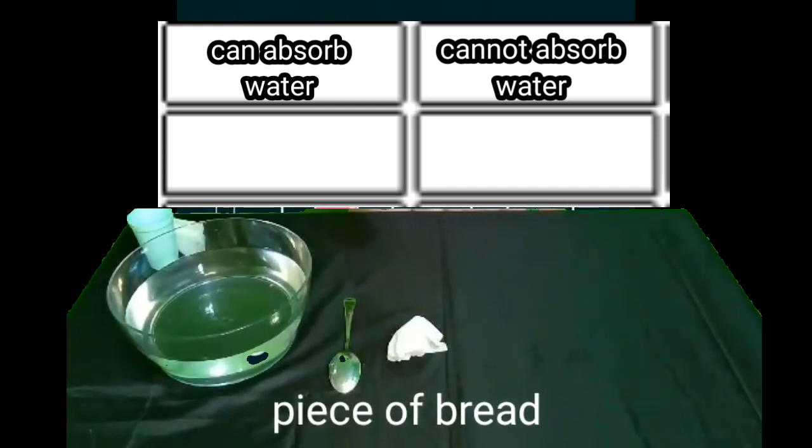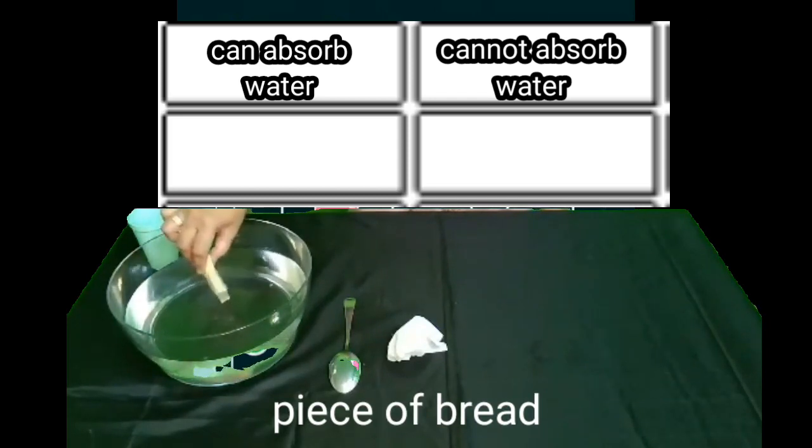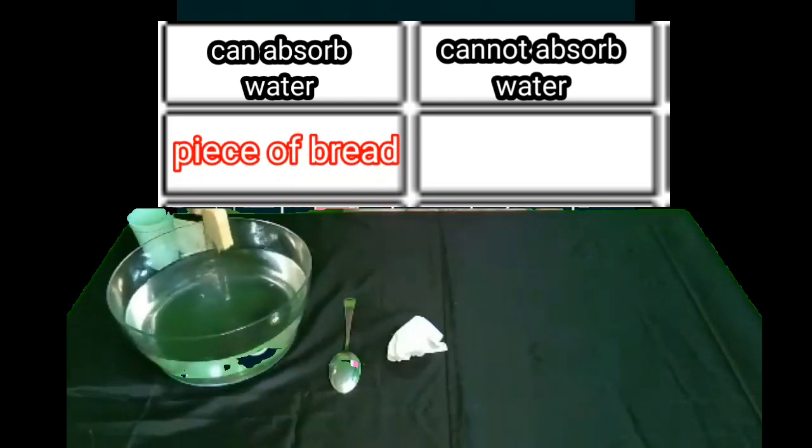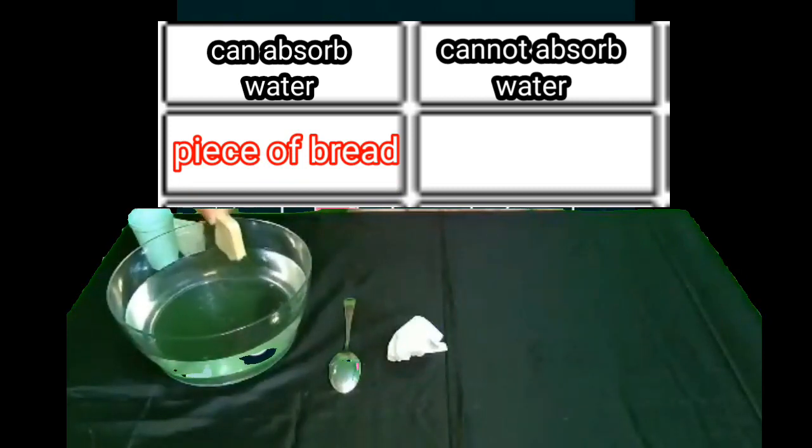A piece of bread. If you have written a piece of bread under the column can absorb water, you are correct. A piece of bread has tiny pores. It is a porous material and it absorbs water. Therefore, it has a special property called porosity.